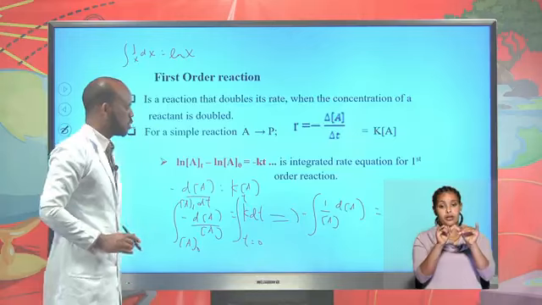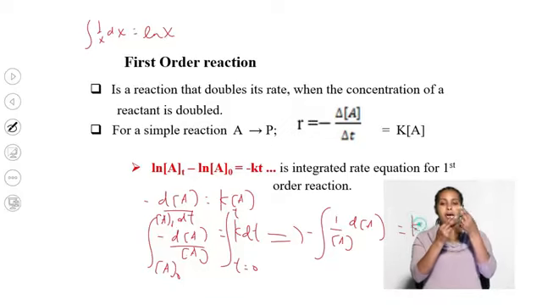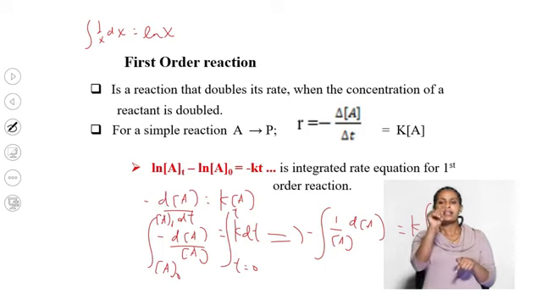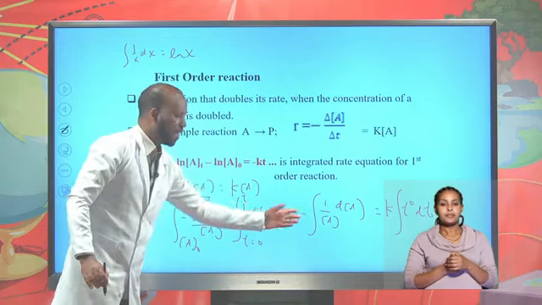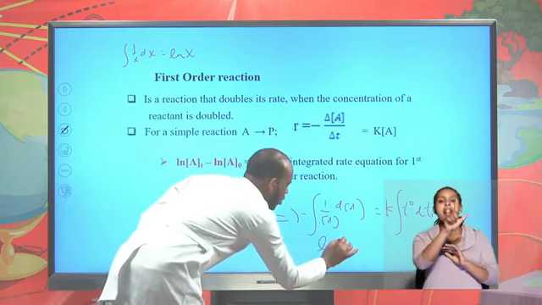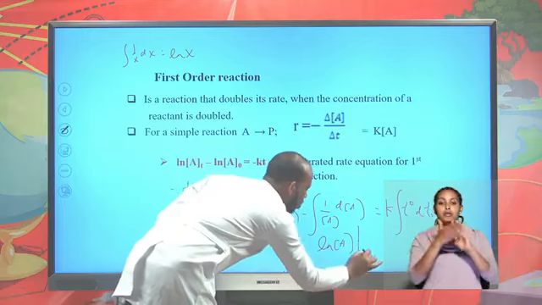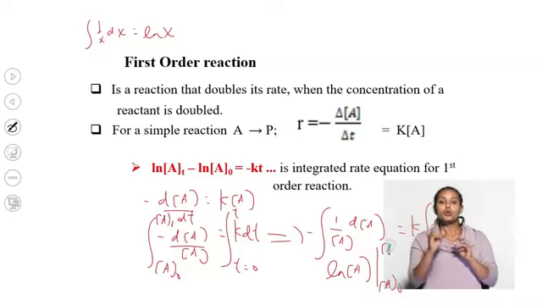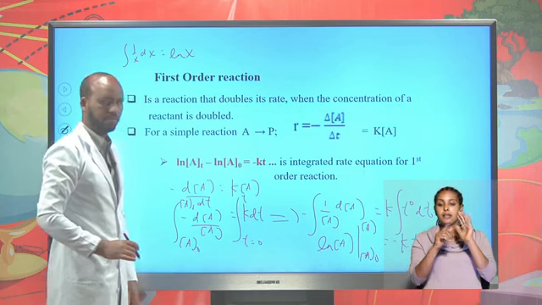You can factor out k times the integration of dt, from 0 to t. Multiply both sides by negative 1. This becomes ln concentration of A from A naught to concentration of A equals minus kt.